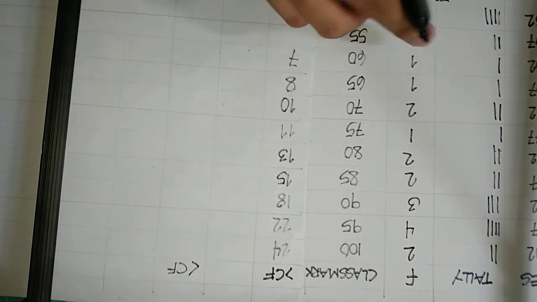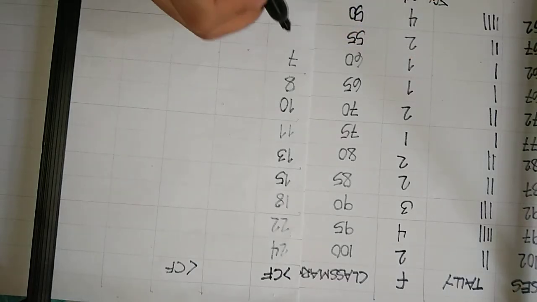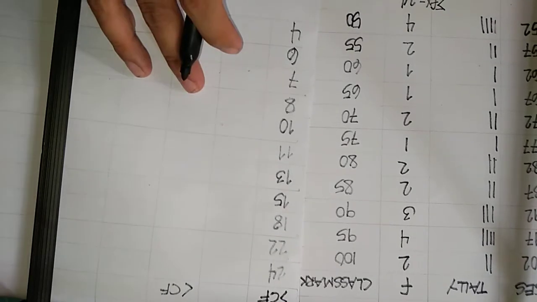And 7 minus 1 again is 6. And 6 minus 2, that is 4. And 4 minus 4 is 0.